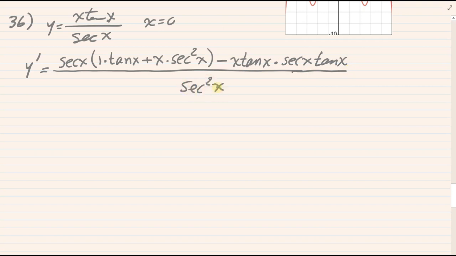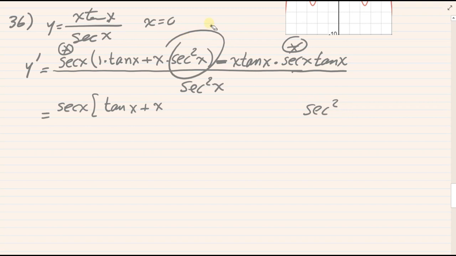Okay, now in the numerator we have secant here and we have secant here in both of those expressions. So I'm going to factor secant out. That's going to make it secant x times tan x plus x secant squared x. Now, looking inside the parentheses here, that secant squared x, I'm going to use the identity 1 plus tan squared x and replace it by that.